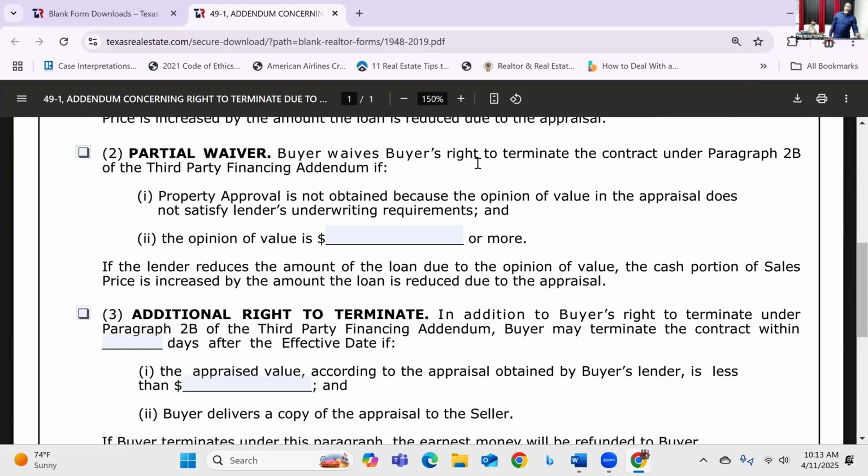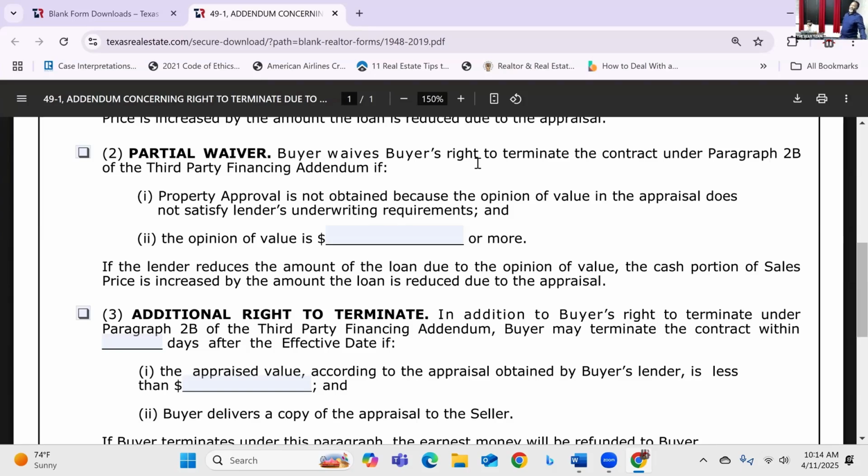All right, the partial waiver. I'm going to explain it before I read it. It's saying, if the price appraises at this amount or higher, we're going to go ahead and consummate the loan. They put a number there that says it has to appraise for this amount or higher, and the buyer is saying, I will go forward and still purchase this house.